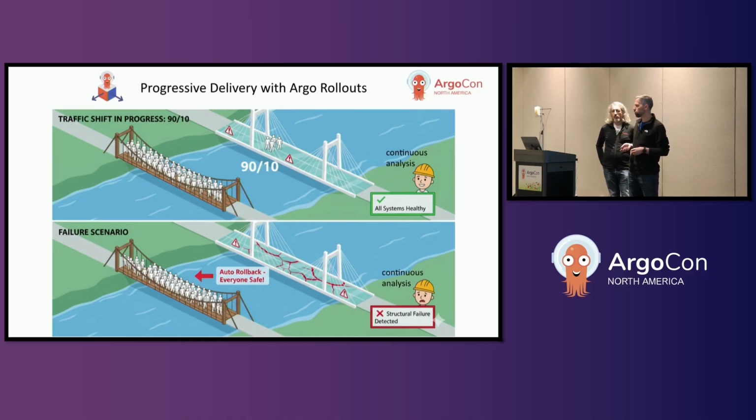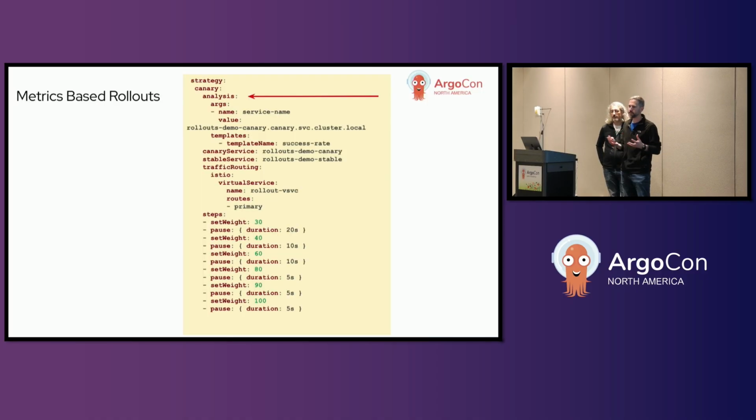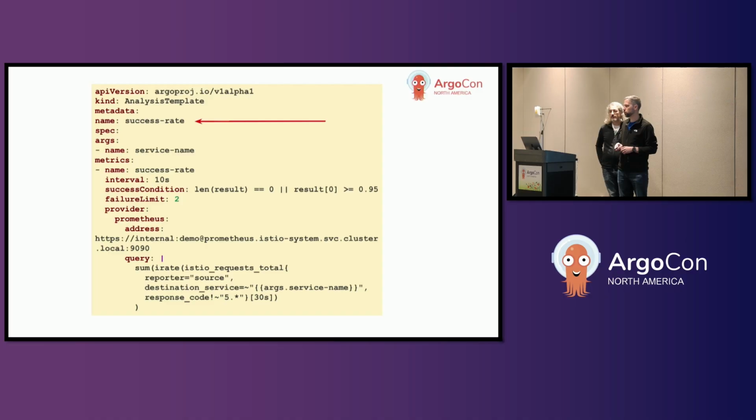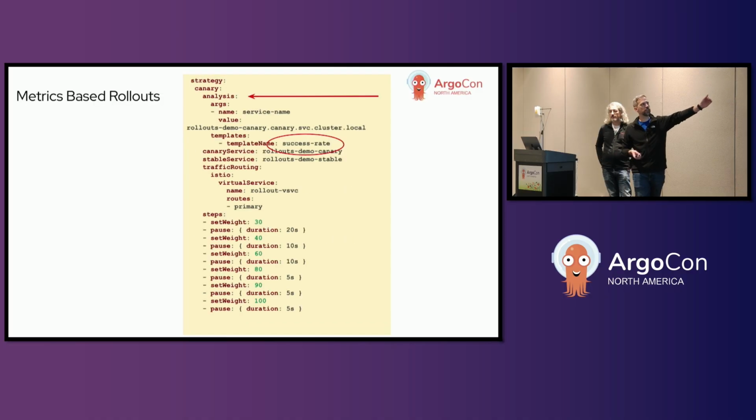We're not going to go too deep into the basics of it, but just to give you an idea of how it works, you create this Argo Rollouts custom resource, and then you define an analysis template that you can call, and you define these steps to roll out to a certain amount of traffic.